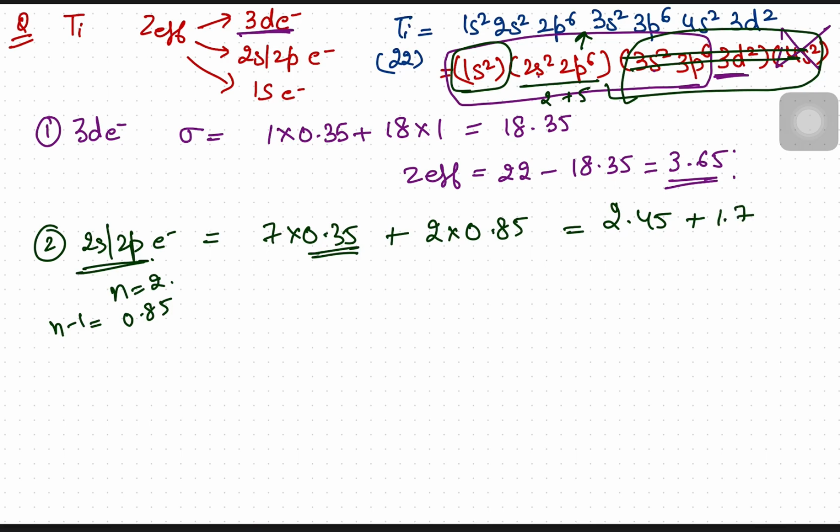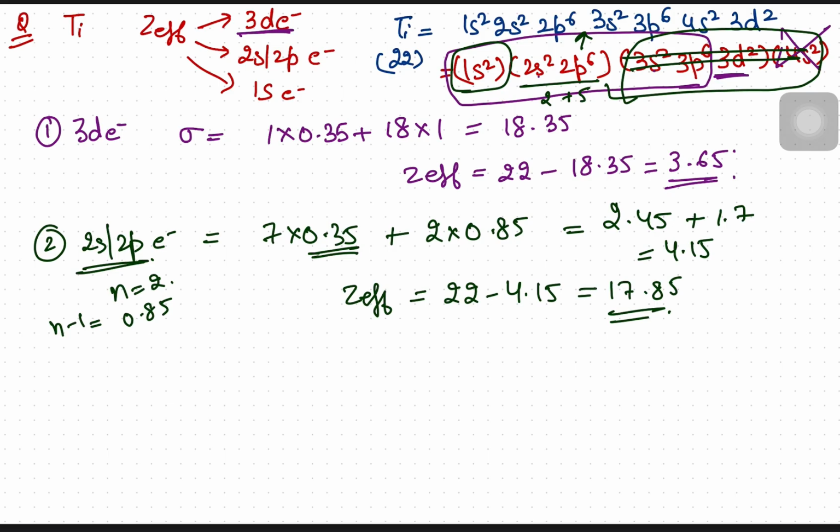You can add these values, it is 4.15. So Z effective will be 22 minus 4.15, it is 17.85. I hope that is clear.